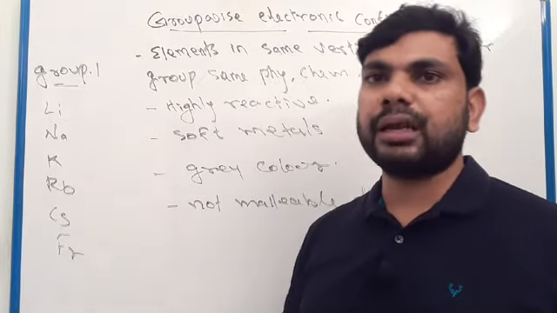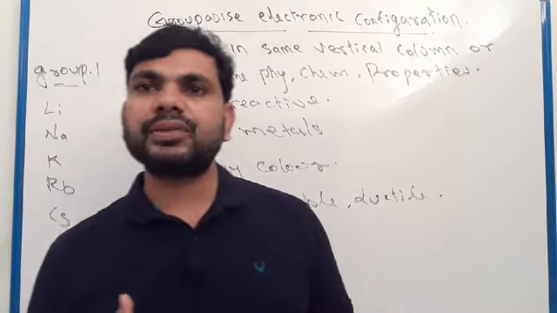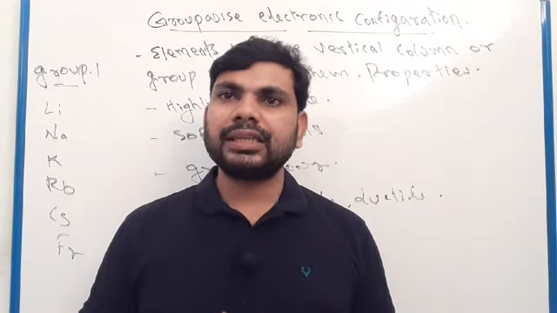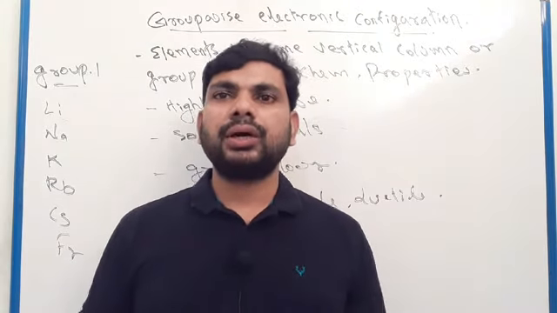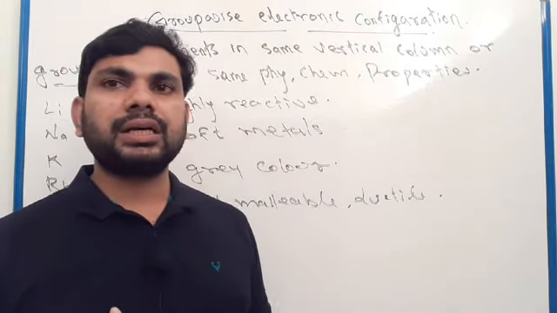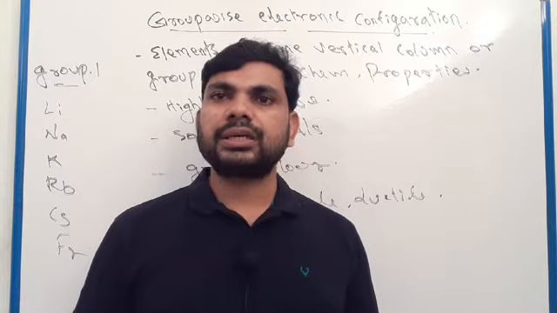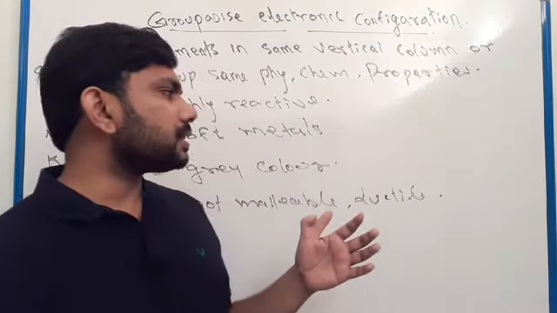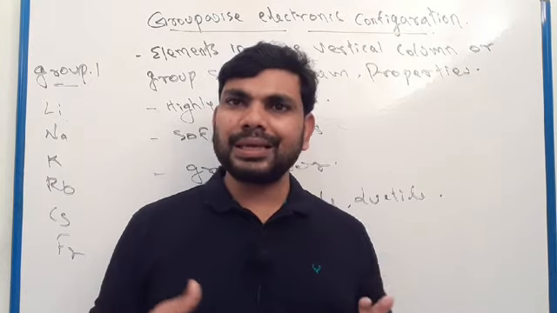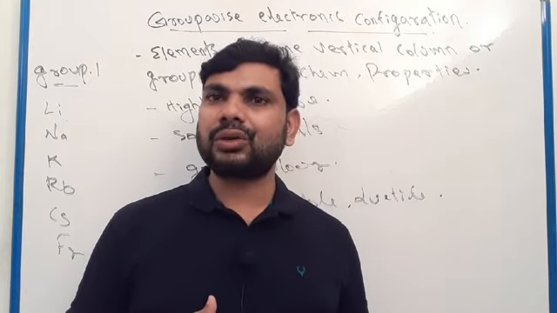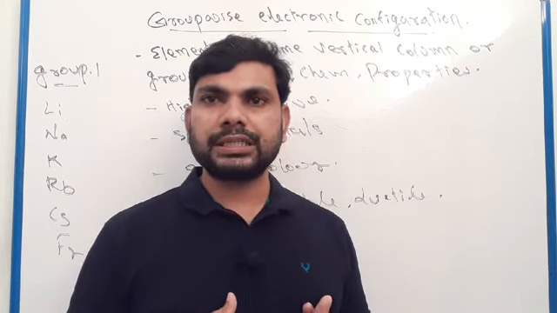These elements show similar physical and chemical properties. They are highly reactive, even reacting with cold water. These elements are gray in color and are soft metals. So elements in the same vertical column or group show similar physical and chemical properties.